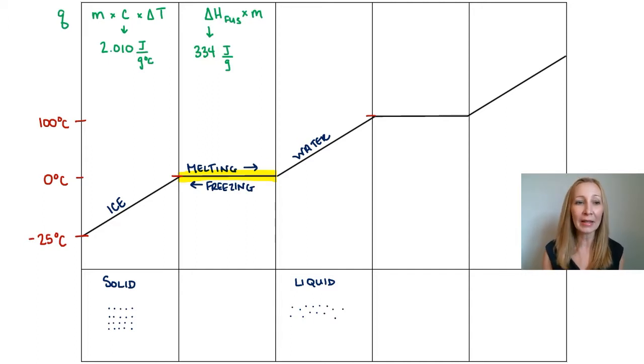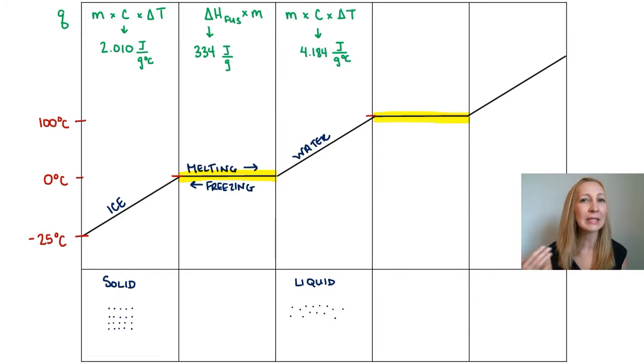So we can calculate how much energy we put into heating water. We've done this before. mc delta T, the C is 4.184 joules per gram degrees Celsius. Notice how we have a degree Celsius because now we have a temperature change. So the temperature is changing, and it's going to change until it gets to that point, and then we can continue putting heat in, and it won't change temperature because what's happening is we have another phase change.